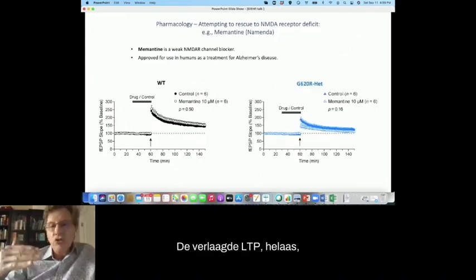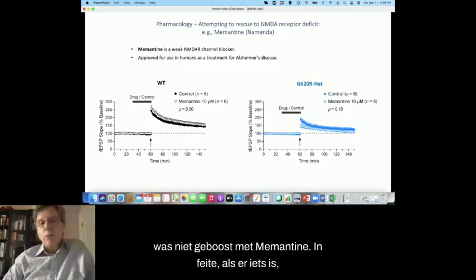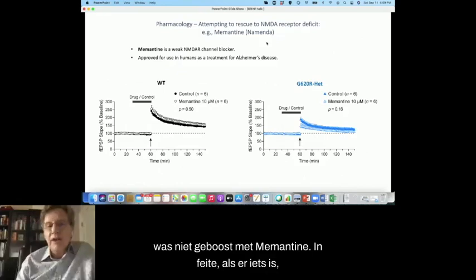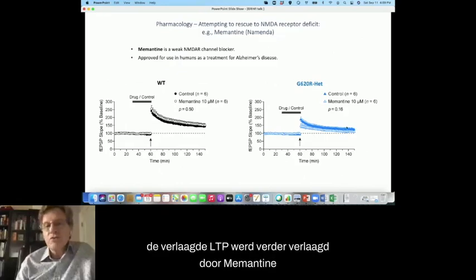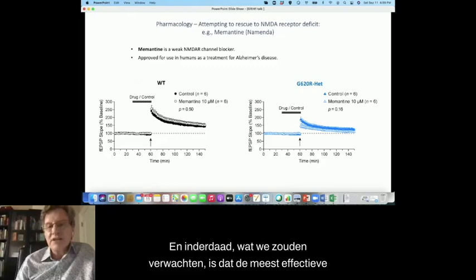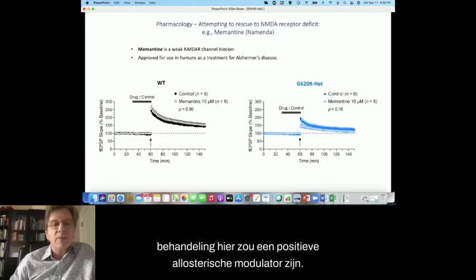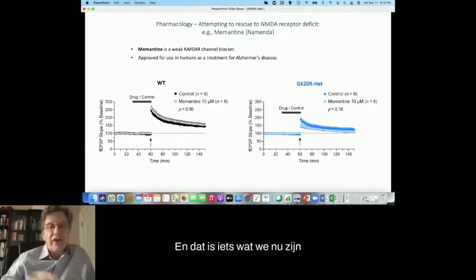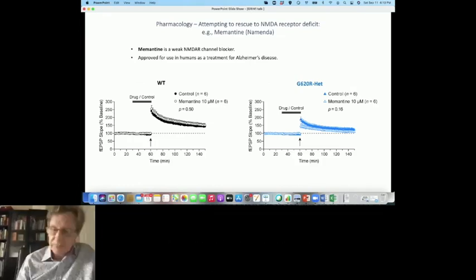The reduced LTP unfortunately wasn't boosted with memantine. In fact, if anything, the reduced LTP was further reduced by memantine, suggesting that memantine would not be effective in this case. And indeed, what we would expect is that the most effective treatment here would be a positive allosteric modulator, and that is something we're now about to go on and investigate.